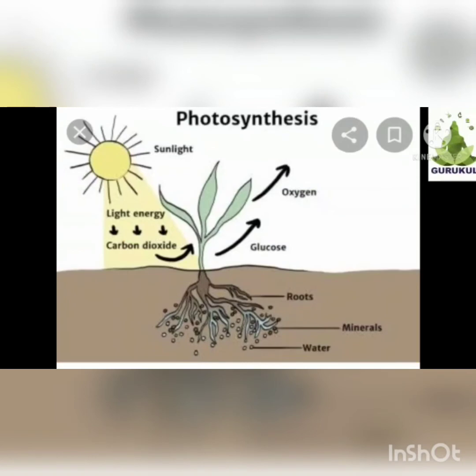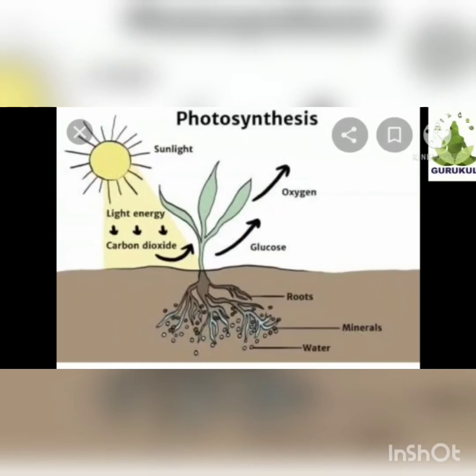Plants also use sunlight to prepare their own food. All of you know that. So in this process, energy from sunlight is stored in the food substances which they make.